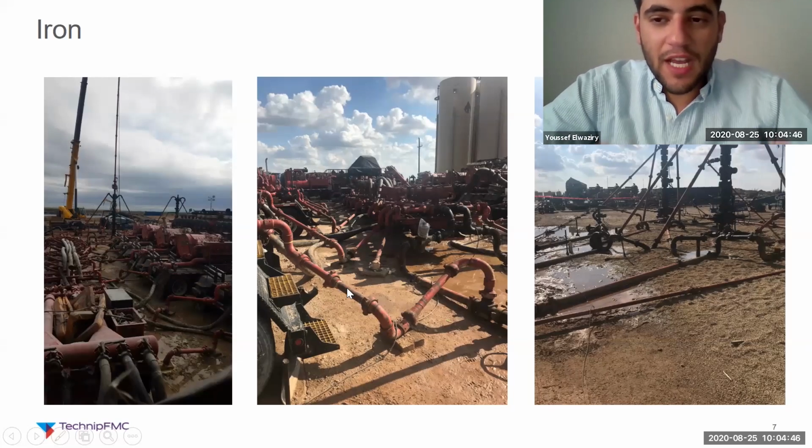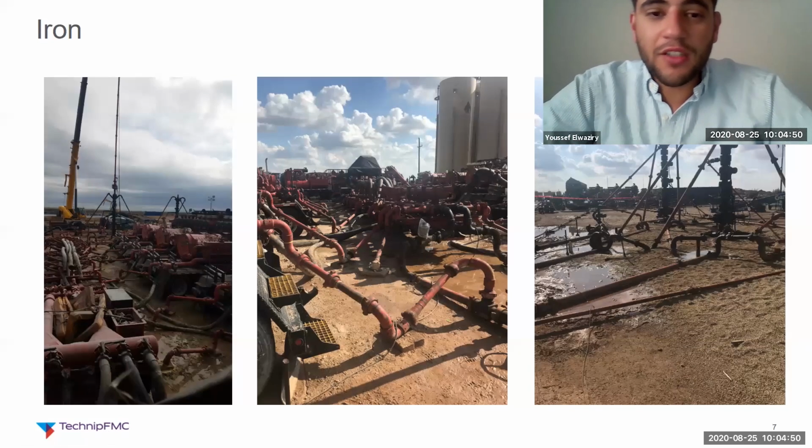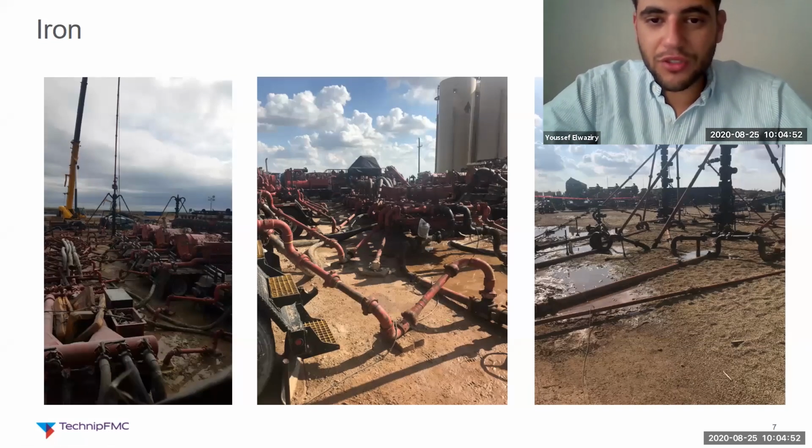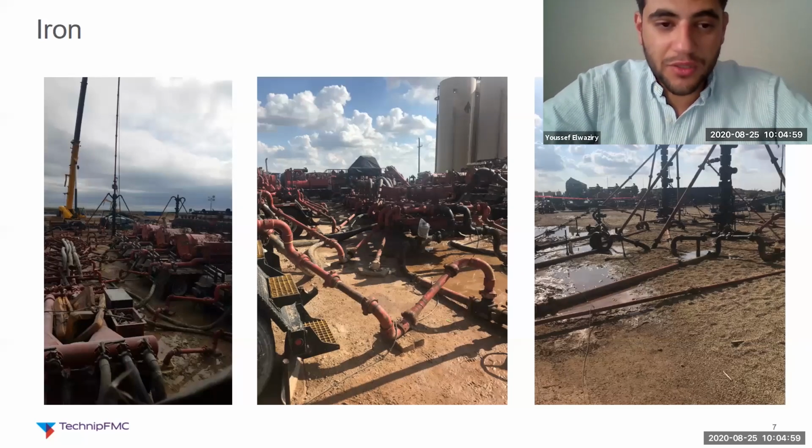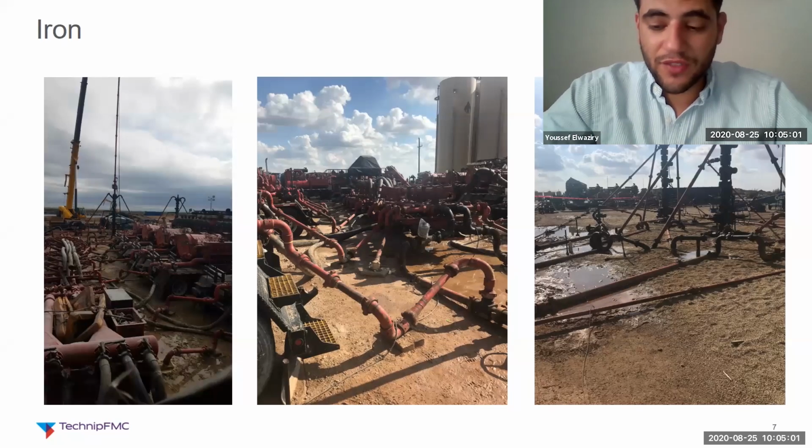This is basically high pressure iron where the fluid will be moving. The fluid is pressurized at a high pressure, so it might not be transferred in regular hoses or low pressure iron. A specific iron has to be used that can maintain this very high pressure.